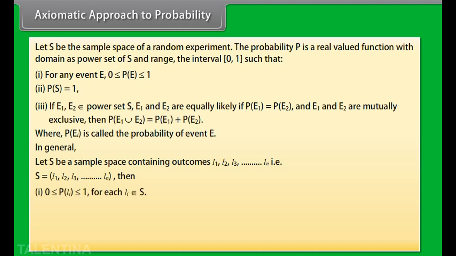Then 1. 0 ≤ P(Li) ≤ 1 for each Li belonging to S. 2. The summation from i = 1 to n of P(Li) is equal to 1. 3. If L1 and L2 are equally likely, then P(L1) is equal to P(L2).